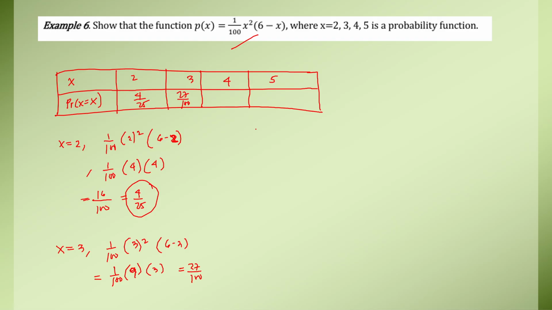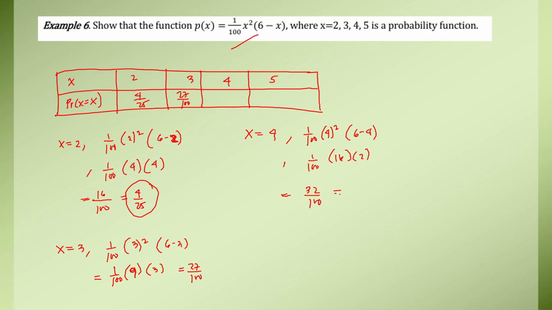Next, we're going to let x be equal to 4. So 1 over 100, this is 4 squared, 6 minus 4. So this is 1 over 100, 16 times 2. This is 32 over 100.